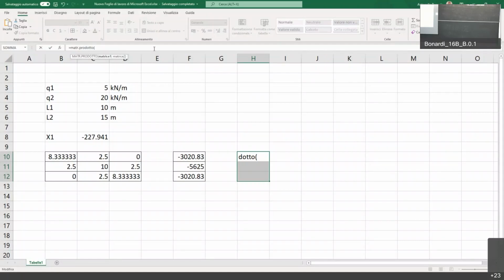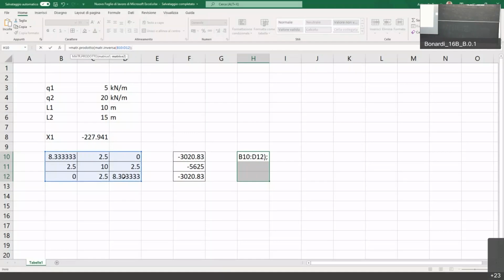We open the brackets, the argument of this function will be the inverse of this and this. So, MATR.INVERSA, and we select the entire matrix. We close the brackets.